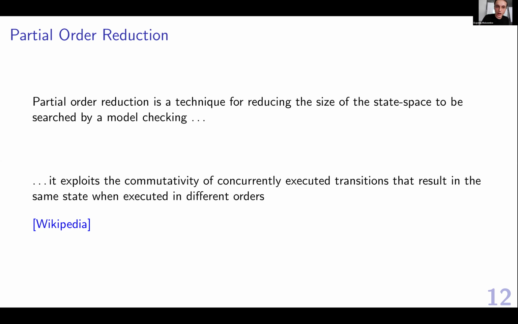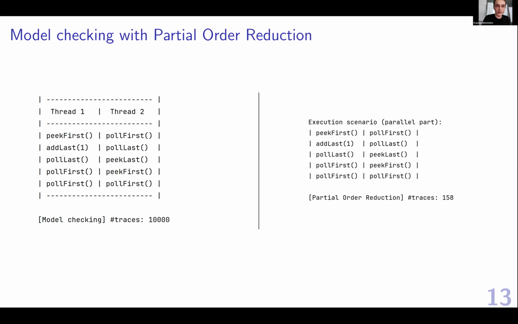So I'm going to show this on some examples. Going back to this concurrent deque, we can, for example, have a look at this scenario shown on the left. The current model checking strategy just takes this scenario and explores around 10,000 different traces.